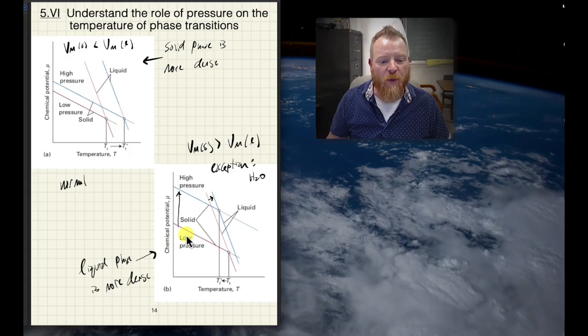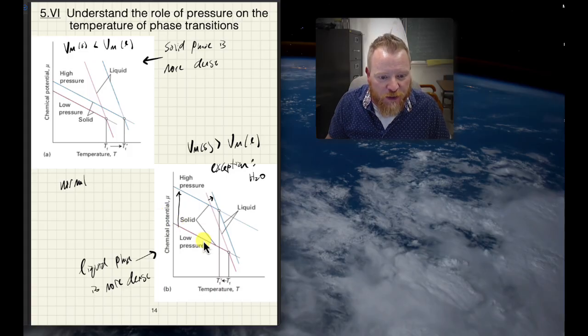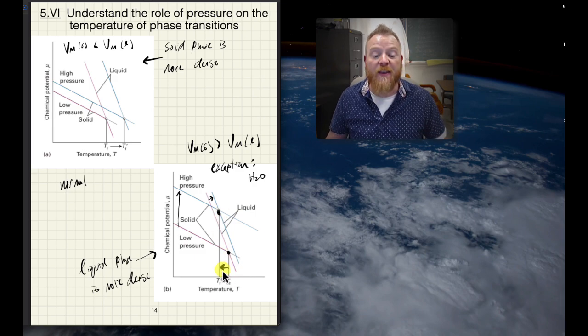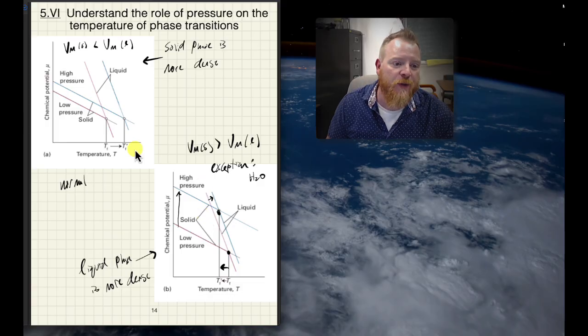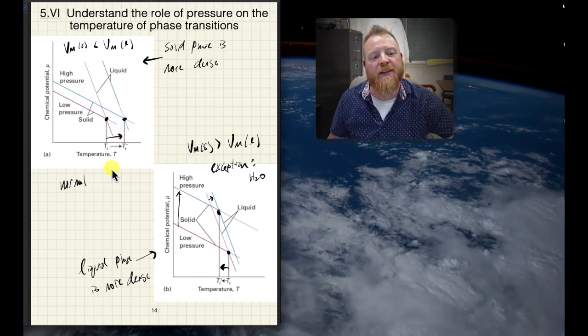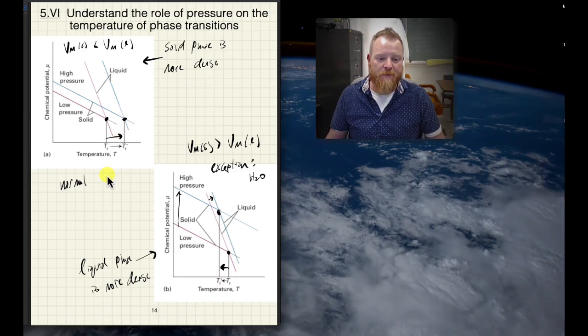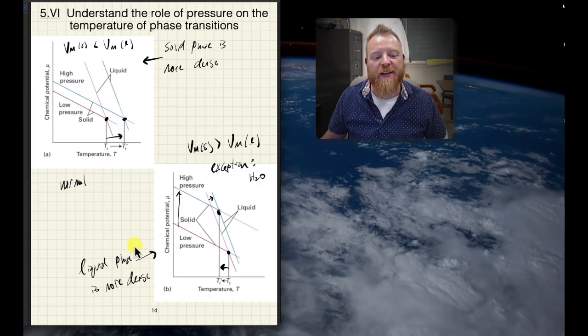So when we look at where the low pressure samples intersect down here at the red versus where they intersect at the blue, they are intersecting at a colder temperature. Whereas in the normal case, the low pressure intersected down here and the high pressure intersected there at a higher temperature. So that's fundamentally interesting for water, and it has everything to do with the hydrogen bonding network and this interesting observation that the liquid phase is more dense than the solid phase.